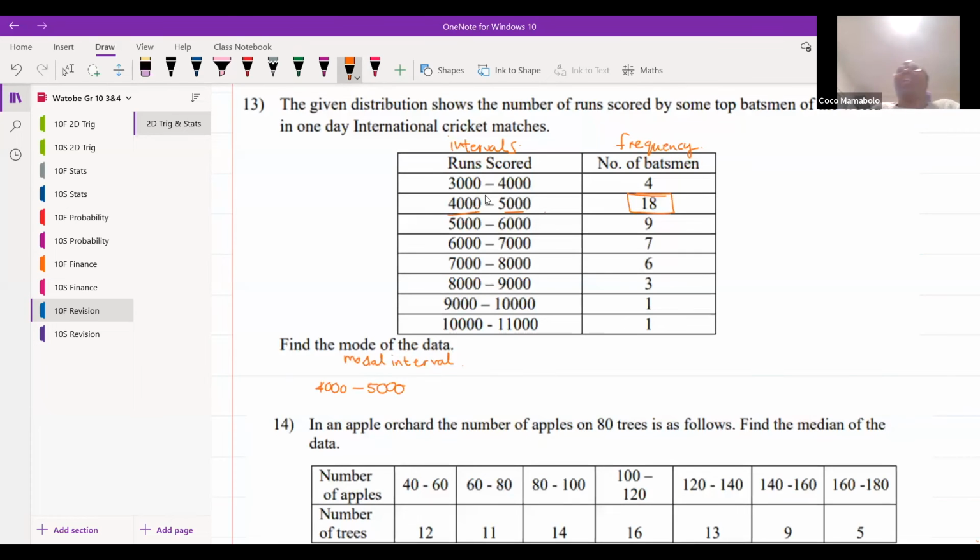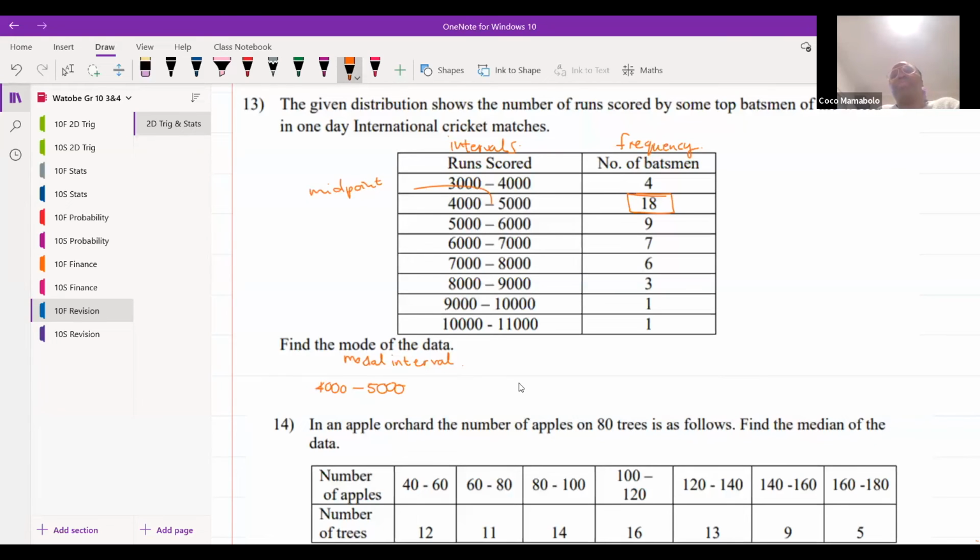Somebody put 4,500 in the chat just now, and that was an excellent answer, by the way, because that was correct. Lutando, yes. What Lutando has done is find the midpoint of our modal interval.